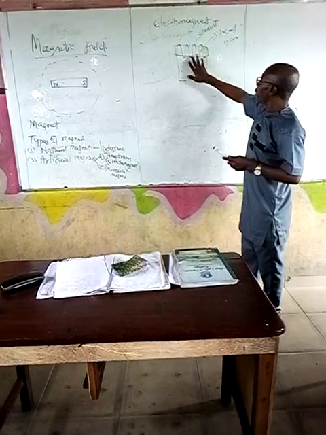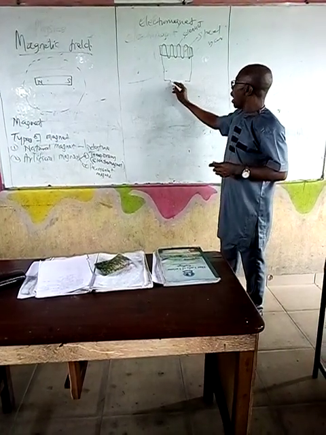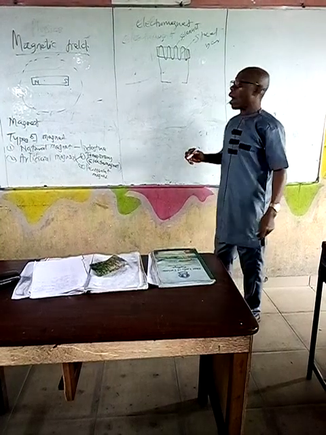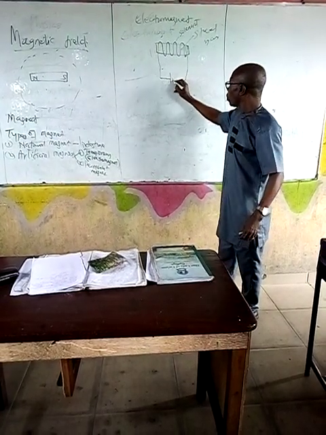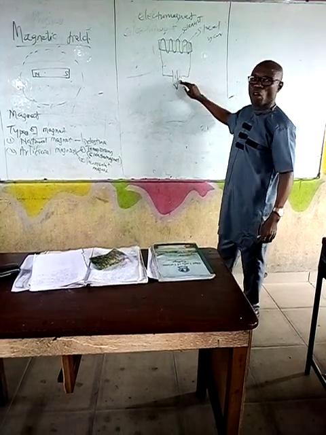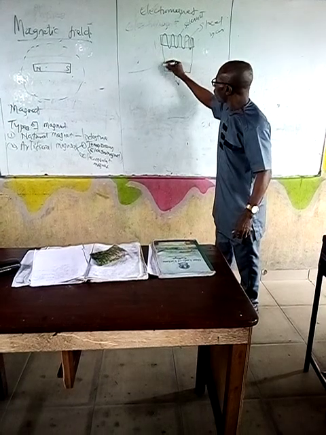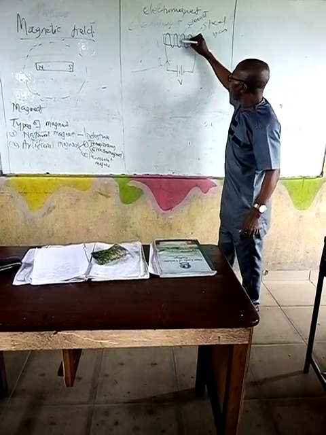If you wind this wire around this steel bar and you connect the ends of this wire to a source of voltage like a battery, the battery will supply current. Current will flow through this solenoid.